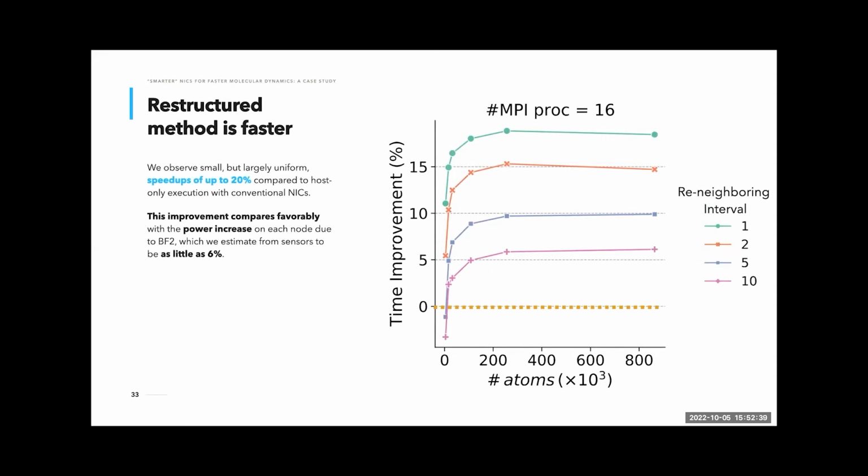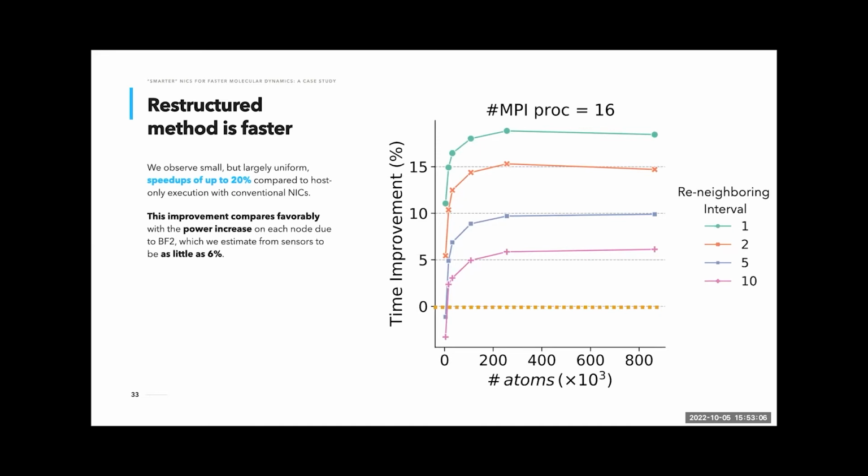It turns out this algorithmic change and code restructuring does yield a performance improvement. We observe a small but largely uniform speed up of up to 20% compared to host-only execution with conventional network interface card with the same number of nodes.